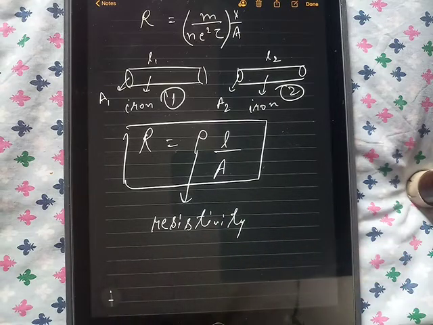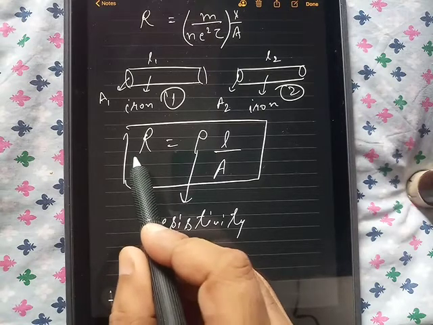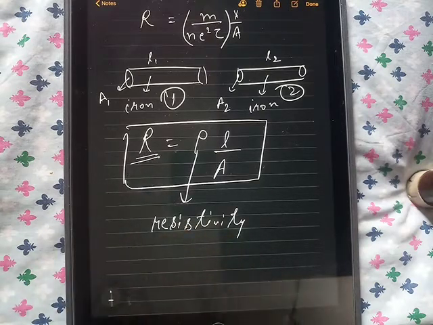So, in different questions also, the resistance of the conductor will not be given, but resistivity will be given, and by resistivity we can easily find the resistance of any given conductor. So, this is the formula, R equals rho L by A.